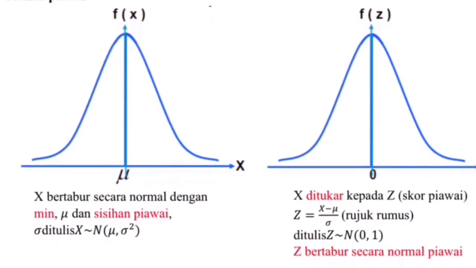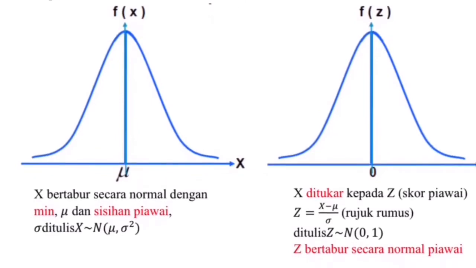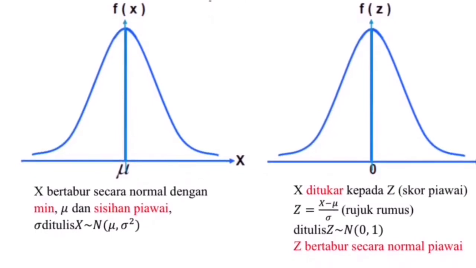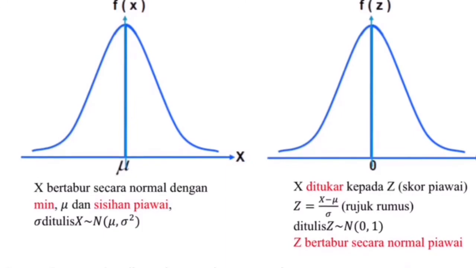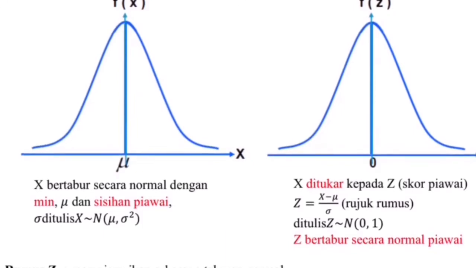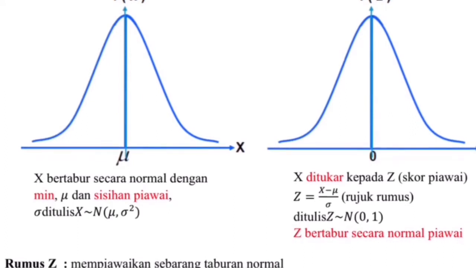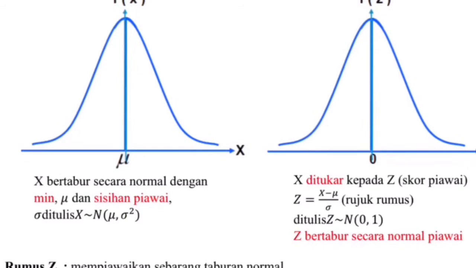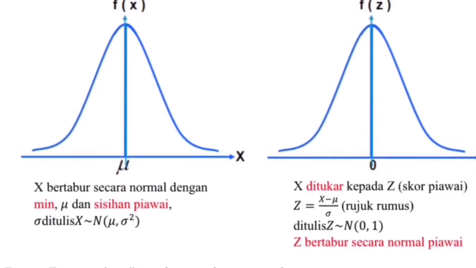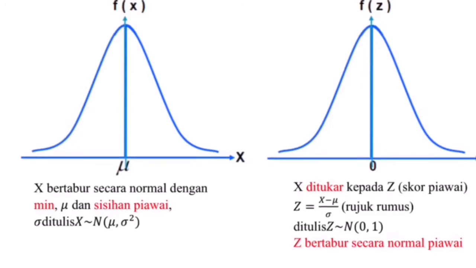We must know that x is the normal distribution variable and z is the standard normal distribution variable, and their relationship is z equals x minus mean over standard deviation. That is how you convert x to z, by using the formula, or we call it their relationship.